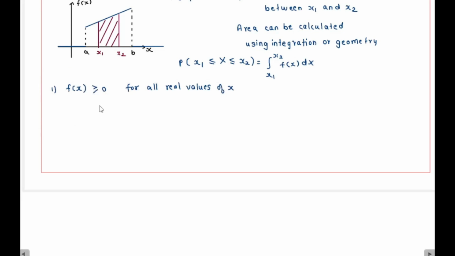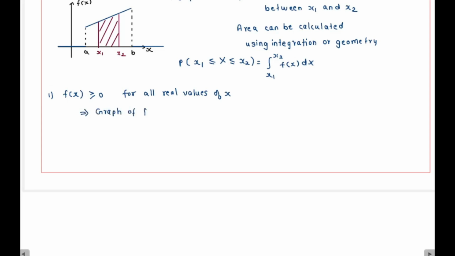What does this mean? It means that the graph of f of x cannot go below the x-axis, or in short, cannot have negative values.